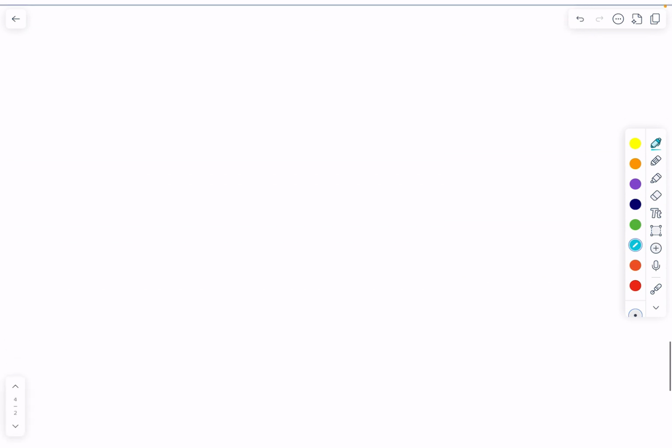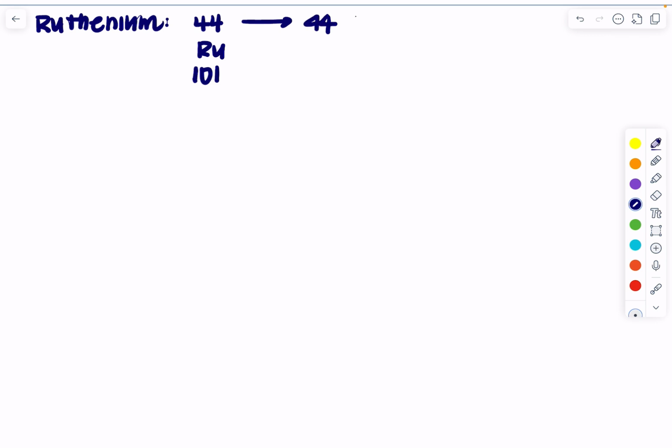So if we're looking at an element like ruthenium, we can actually use this knowledge to understand how many energy levels it has and what orbitals it would have. Ruthenium is atomic number 44, it's Ru, the mass is 101. If it has 44 protons, it also has 44 electrons.